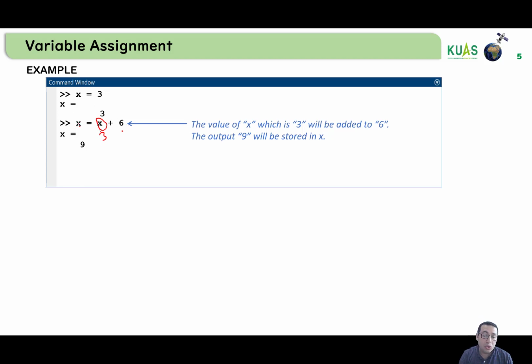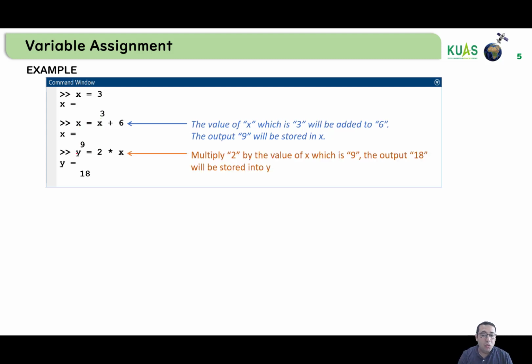Now it stores 9 inside x, so x has a value of 9 and it replaced 3. And if we say y is equal to 2 multiplied by x, and the last value x has is 9, then y is equal to 2 multiplied by 9, so y has a value of 18.